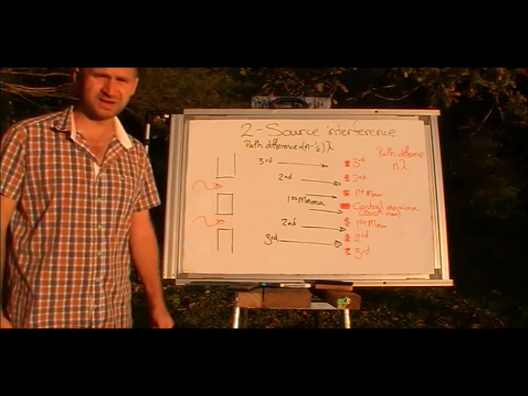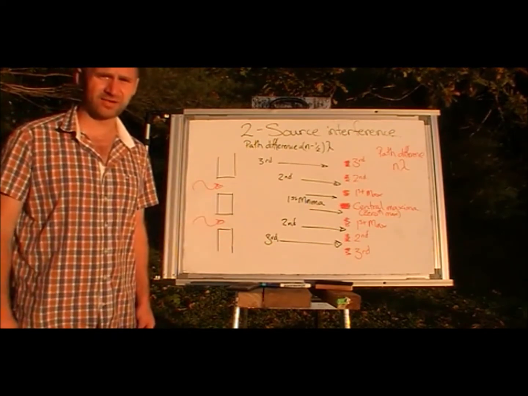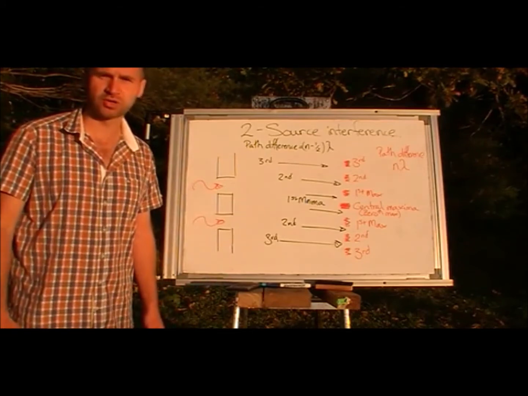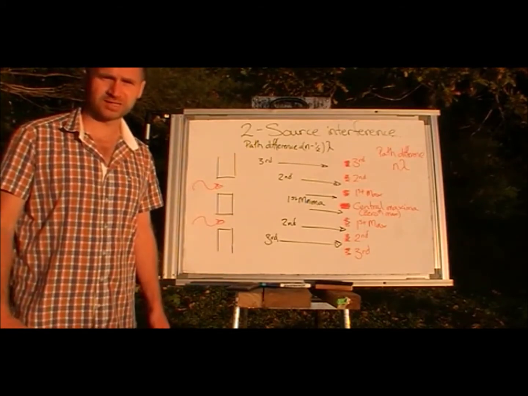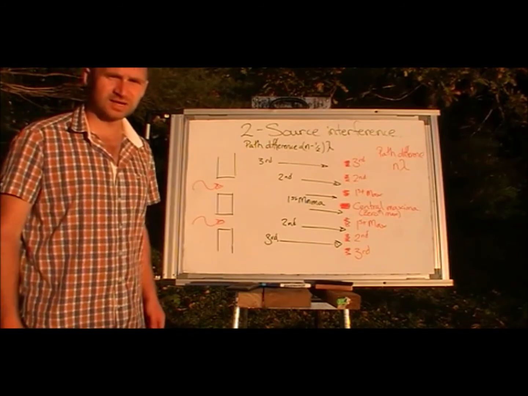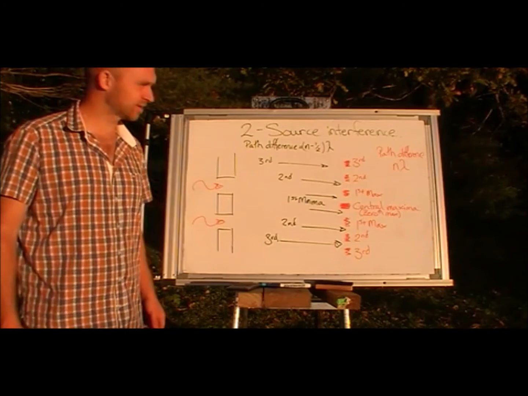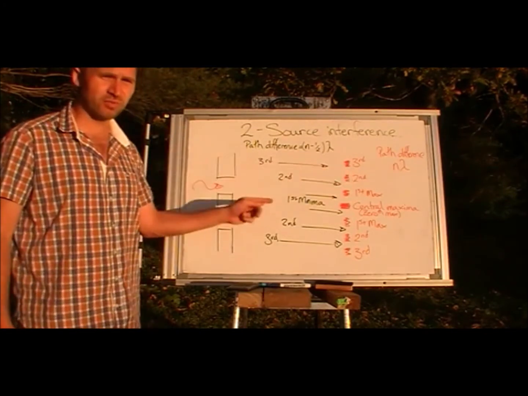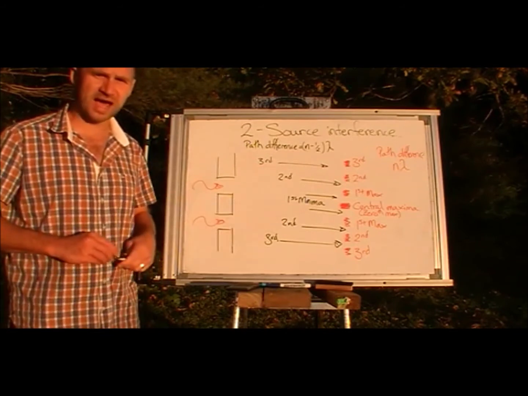Put in 1 for n, 1 minus a half, half. Put in 2 for n, 2 minus a half, 1.5. Put in 3 for n, 3 minus a half, 2.5. And so you're always getting the correct number of wavelengths. For a maxima, n lambda. For a minima, n minus a half lambda.